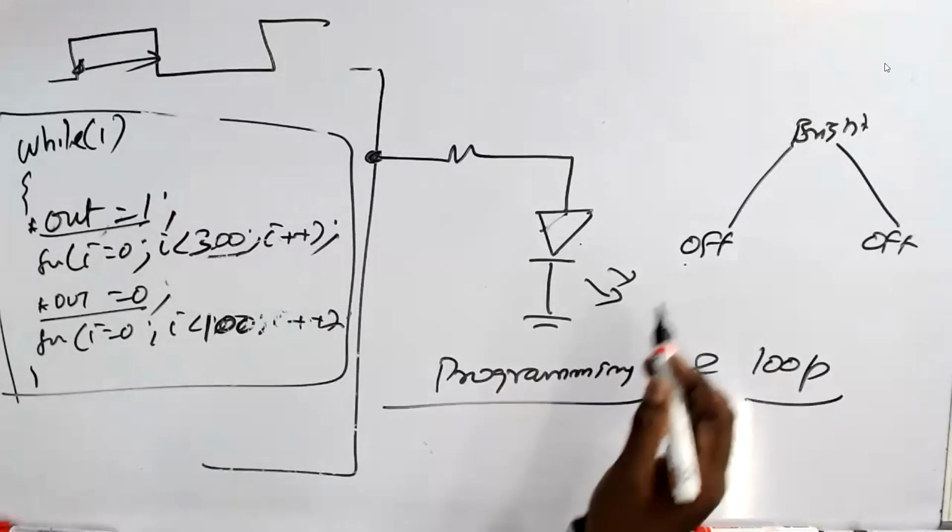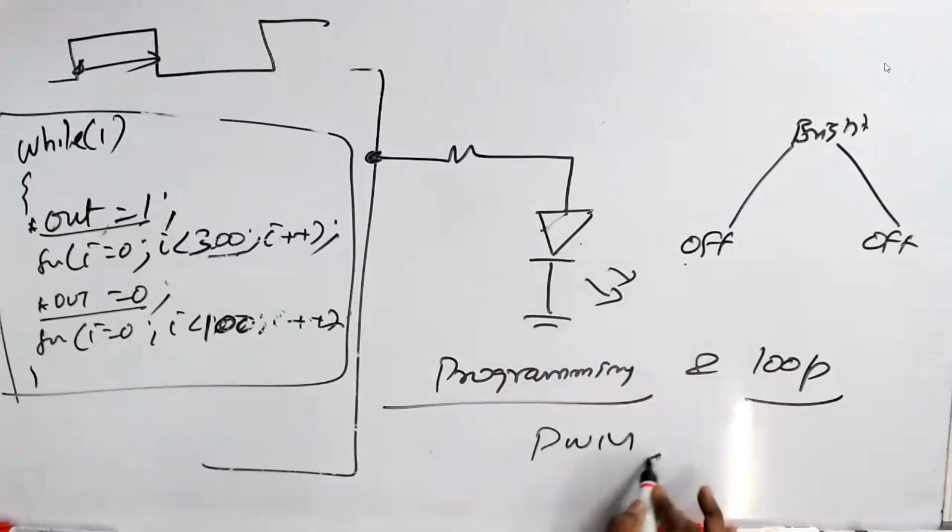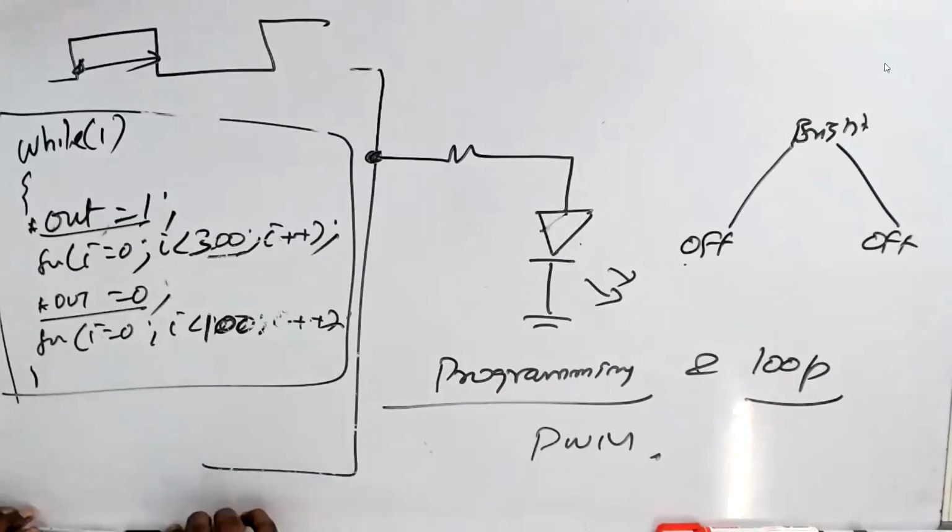Once you have done this, then I will explain how to do controlling motors, much more than that. We'll discuss more and more. There are a lot of motors which we are going to discuss.